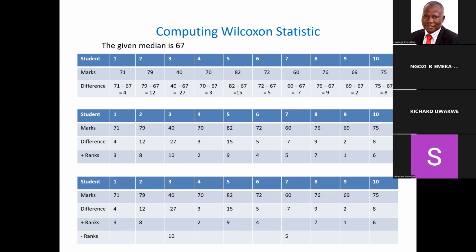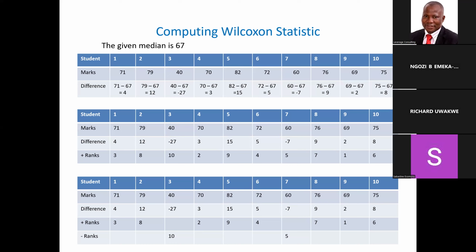In the second table, we put the differences irrespective of the sign. We now rank them. The smallest here is 2, we give it rank 1. The next one is 3, give it 2. The next is 4, we give 3. The next is 5, we give 4. The next is 7, forget the minus, 7 is 7, we give 5.